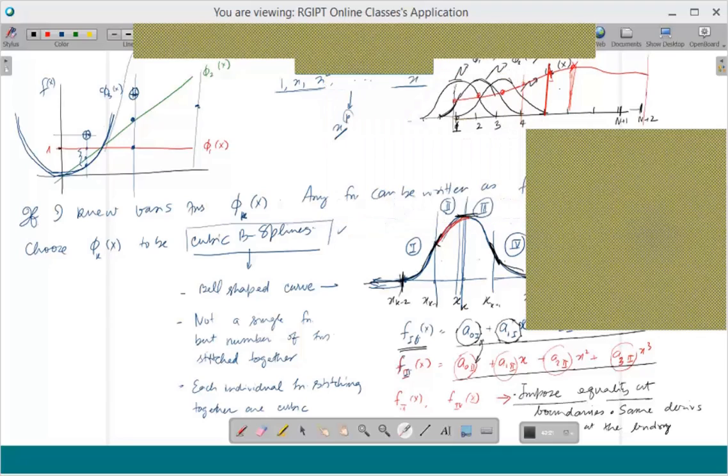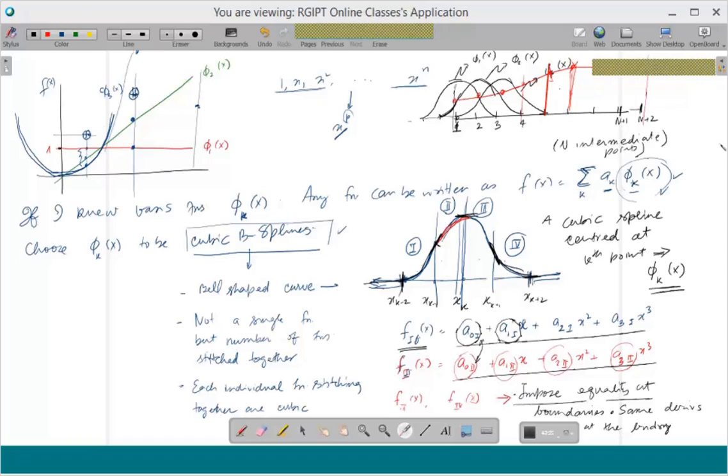All right, so this is our basic idea. Now again, you can do this exercise yourself. It is itself tedious. You just have xk minus 2, xk minus 1, xk plus 1, xk plus 2.